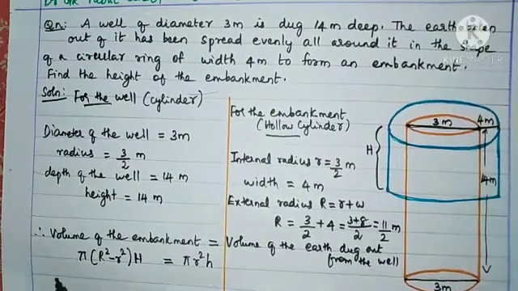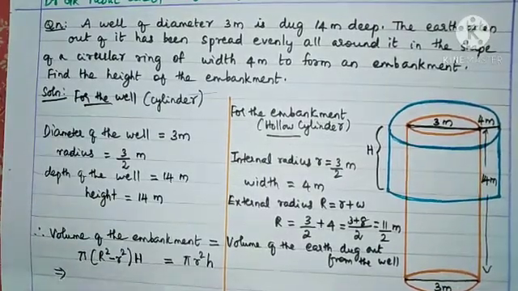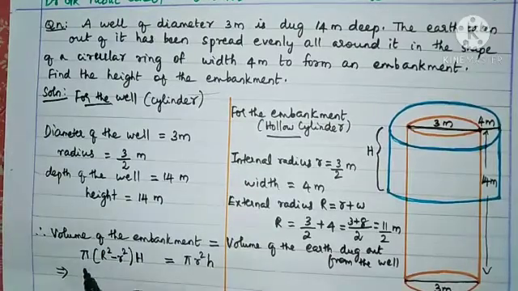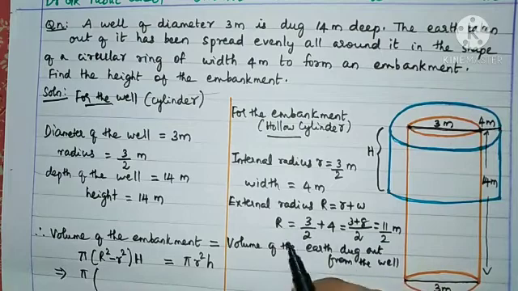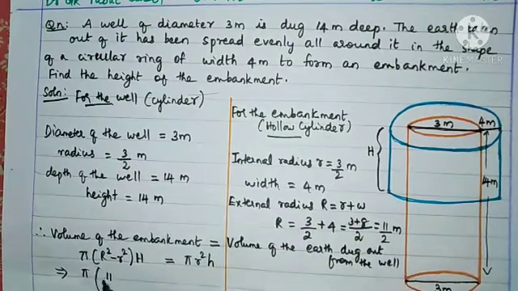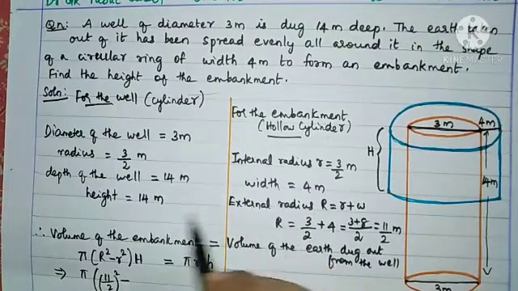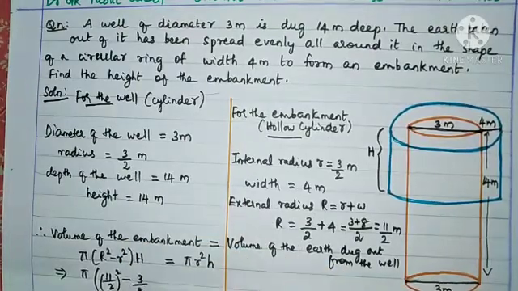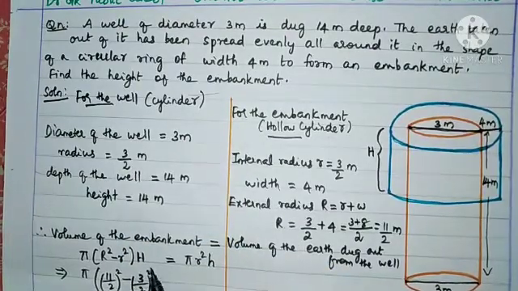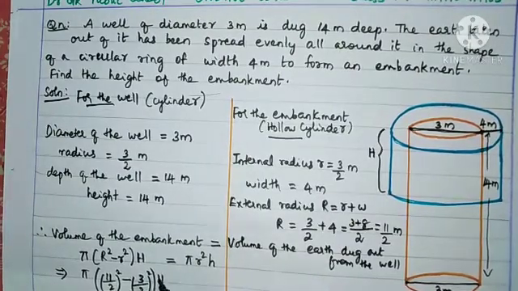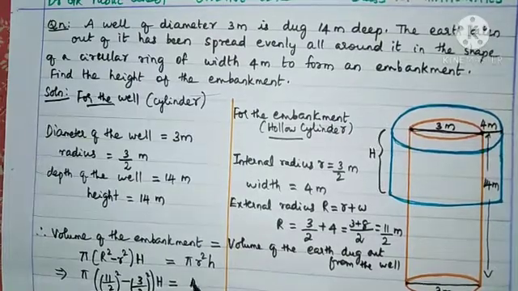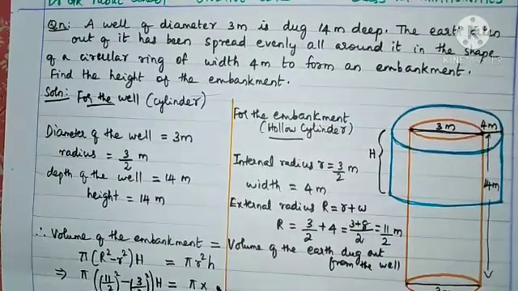Now we need to put the values, that is pi into, what is capital R, children? 11/2. So 11/2 the whole square minus small r, which is 3/2 the whole square, into height, close the bracket. Now height we don't know, equals pi into again r square.